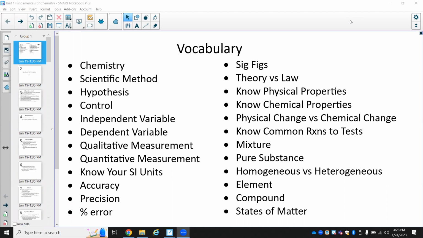So this is just something to reference back to. These are things that may come up on quizzes and tests, but a lot of times we need the basic vocab to be able to understand what the question is asking for. So you'll see us use these and highlight these as we go throughout the unit, but this is going to be rather helpful to refer back to.